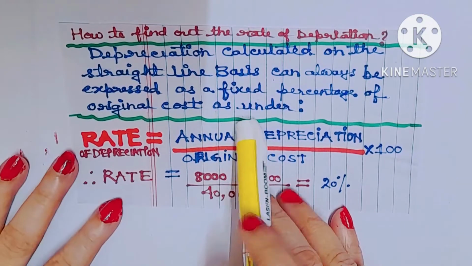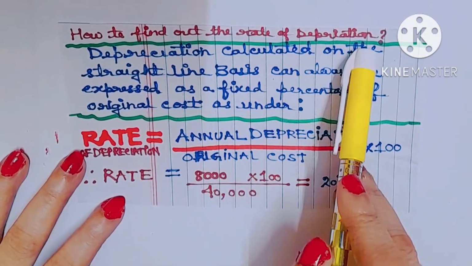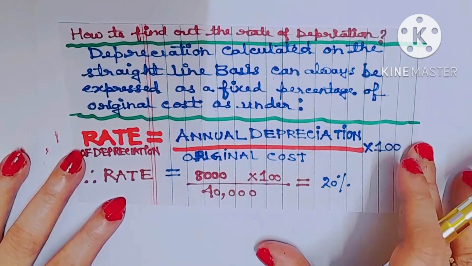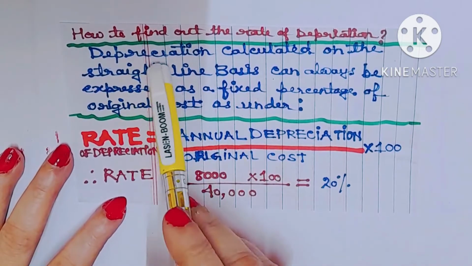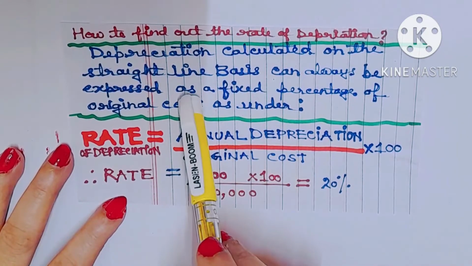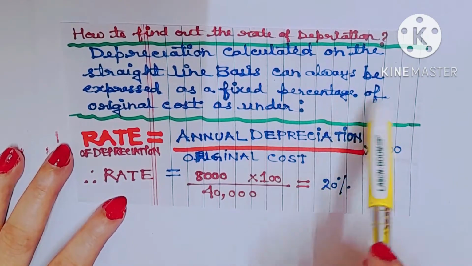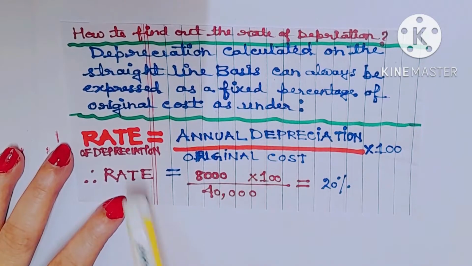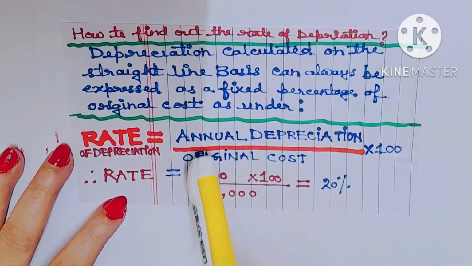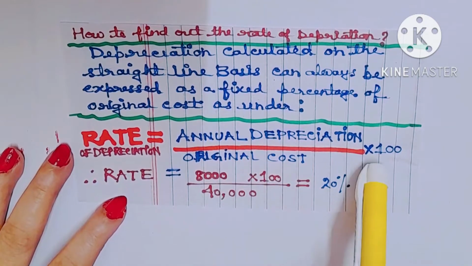Now, how to find out the rate of depreciation if the rate of depreciation is not given in the problem? Please understand, depreciation calculated on the straight line basis can always be expressed as a fixed percentage of original cost as under. Rate of depreciation is equal to annual depreciation divided by original cost into 100.